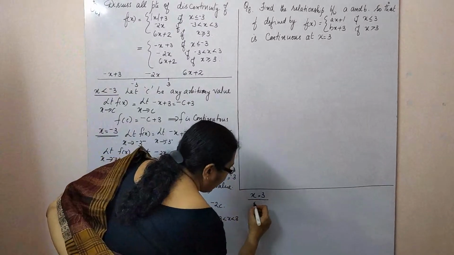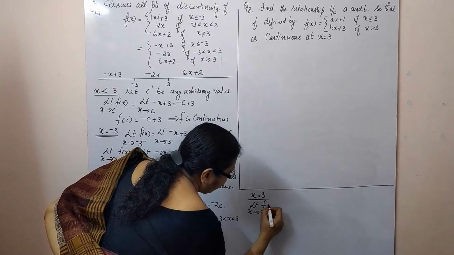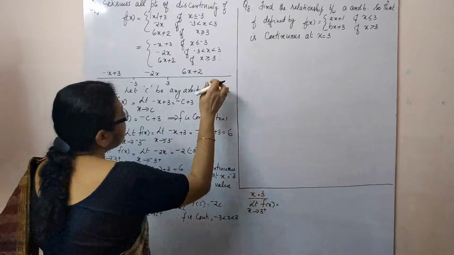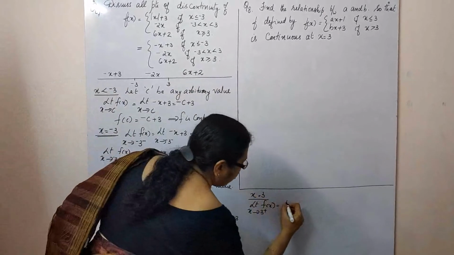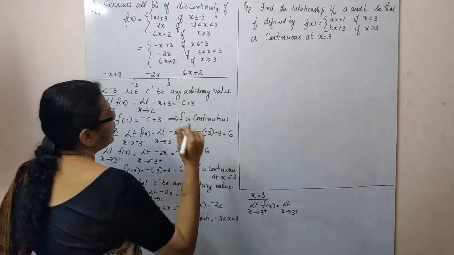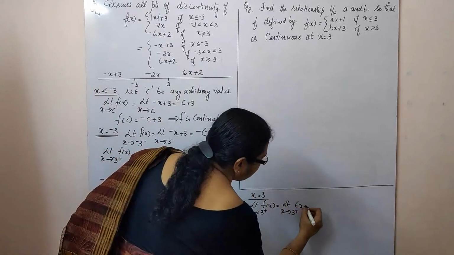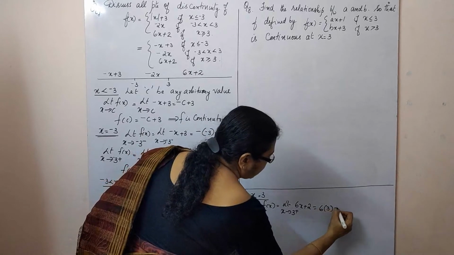So, I have limit x tends to 3 plus f of x. What does this mean? The function is reaching or moving to 3 from the right hand side. That is limit x tends to 3 plus of 6x plus 2. That is 6 into 3 plus 2.